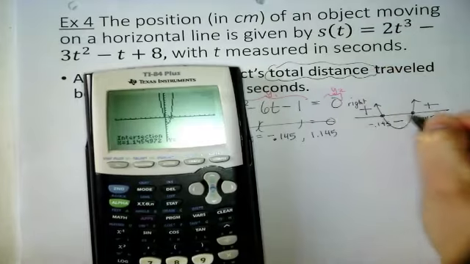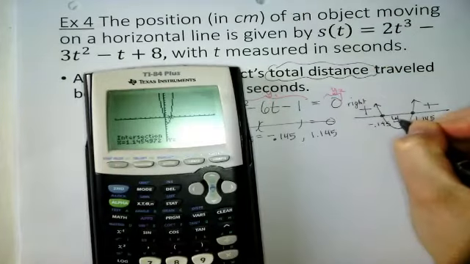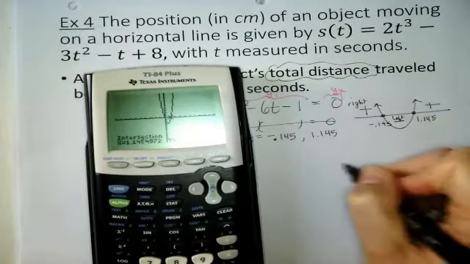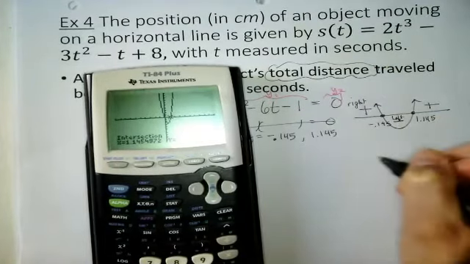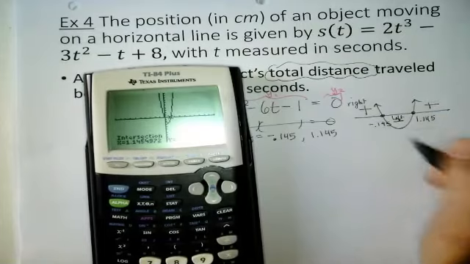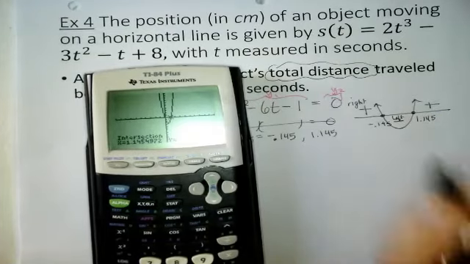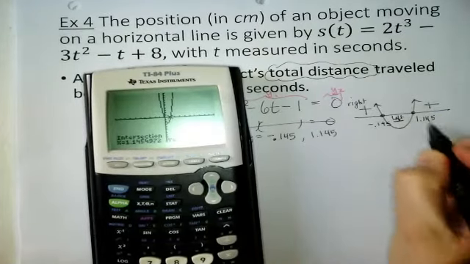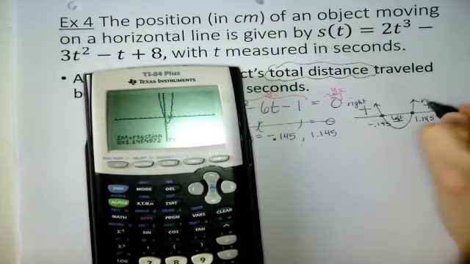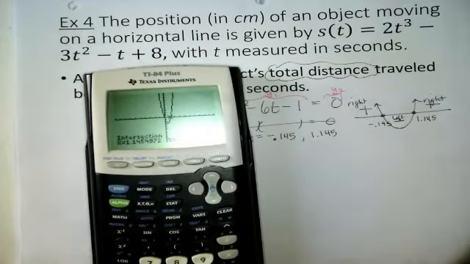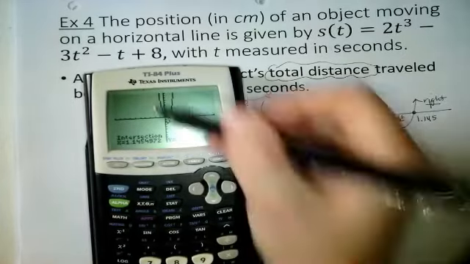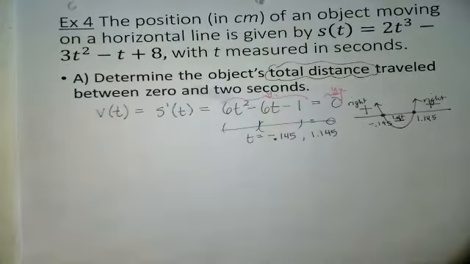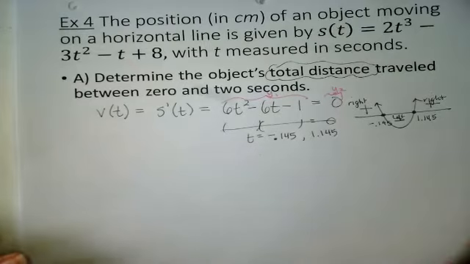And then between here, it's moving to the left on our horizontal axis. So first he was moving to the right, and then he turns around at negative 0.145 seconds and moves to the left. And then again, he switches direction at 1.145 and moves back to the right. So that's what those positive above the axis and below the axis mean for this type of problem.